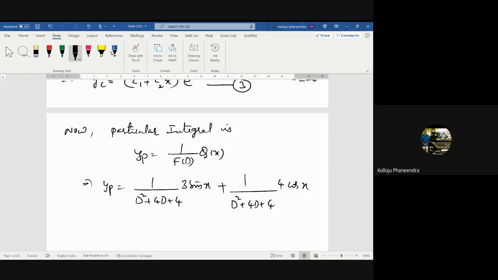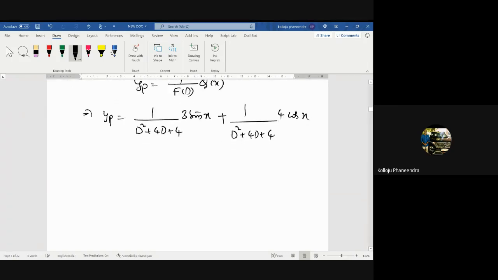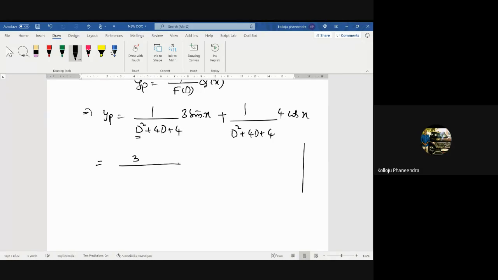Split into 2 parts because both sine and cosine functions are there. 3 is the constant, you can write it directly over the denominator. Replace d square by what? Here m is 1, since I have sine x. So minus m square becomes minus 1. Same logic for the other one.